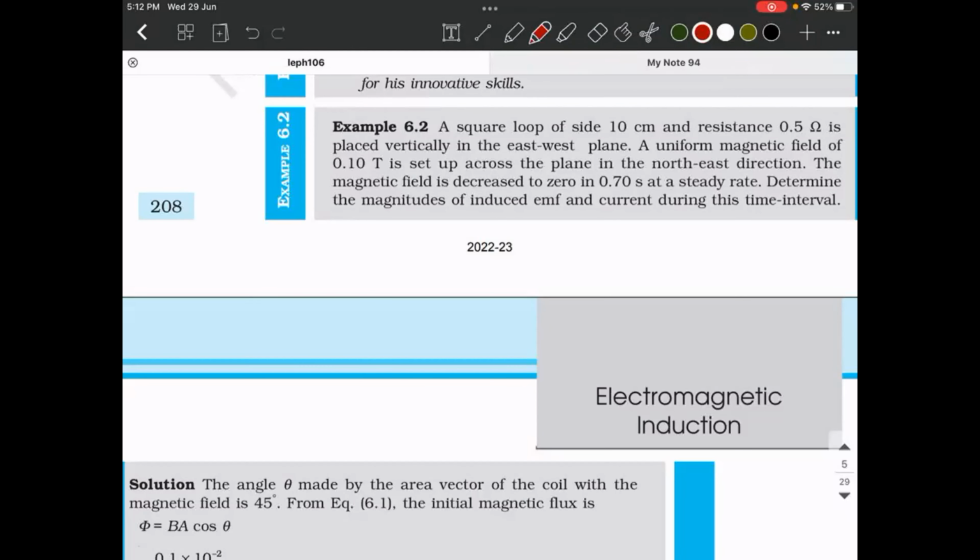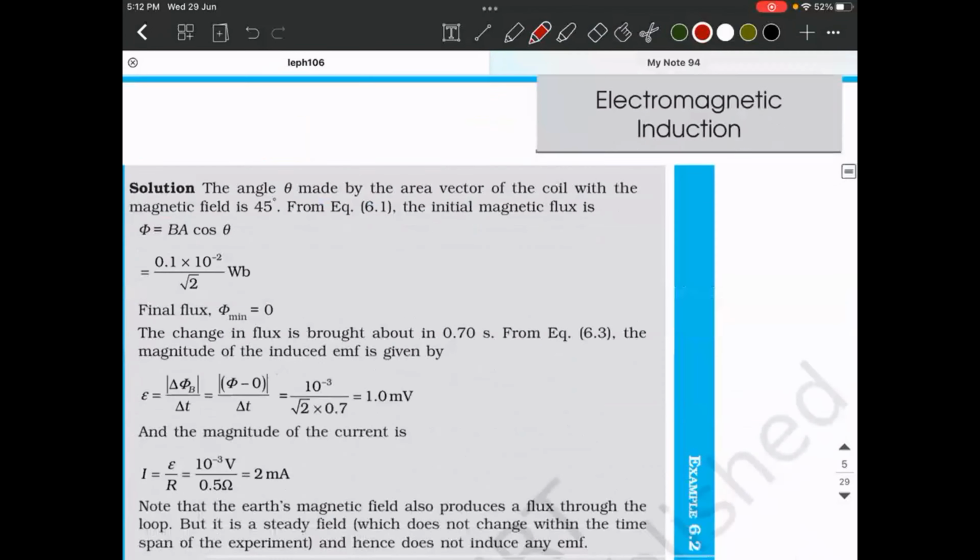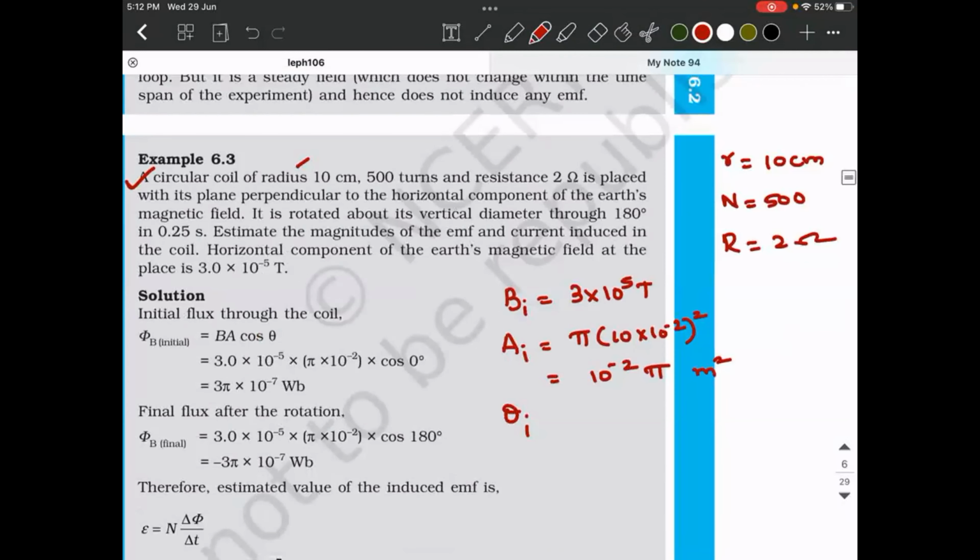So in B A cos theta, area was kept constant, orientation was kept constant, but magnetic field was changed. But in this problem, what is happening is magnetic field is kept constant, area is also kept constant, but the orientation is changed.